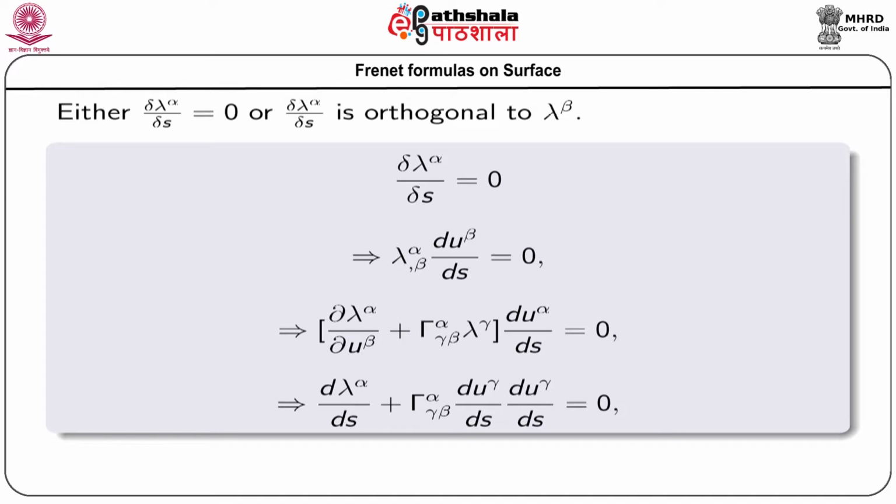Now, if we multiply with du beta ds, we get d lambda alpha ds plus the Christoffel symbol of second kind alpha gamma beta du gamma ds du beta ds equal to 0, because lambda gamma can be written as du gamma ds.